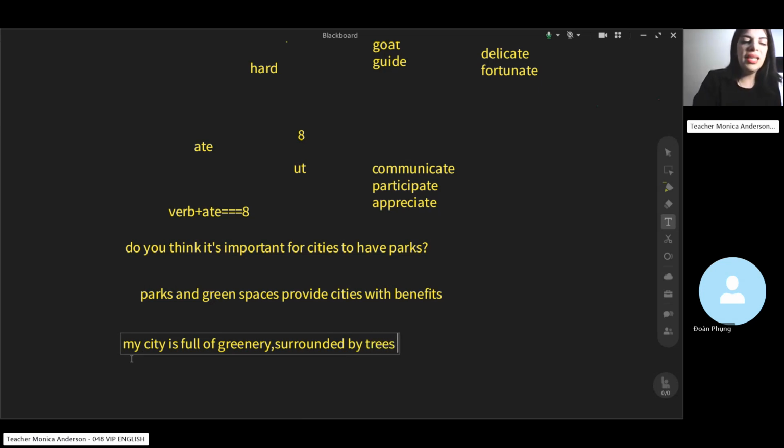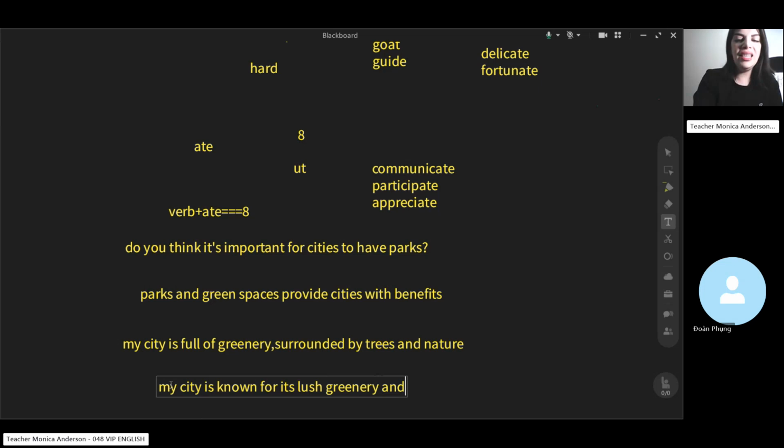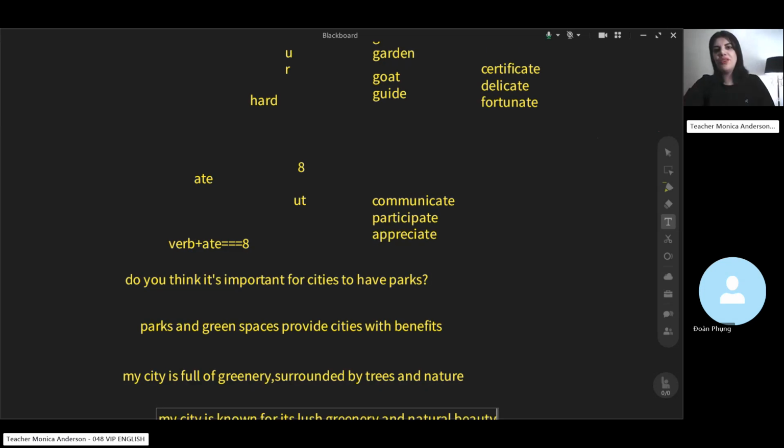This is basic, simple. Now I want to make it a little more advanced. My city is known for its lush greenery and natural beauty. So it's your choice how to use them. This way you can answer.